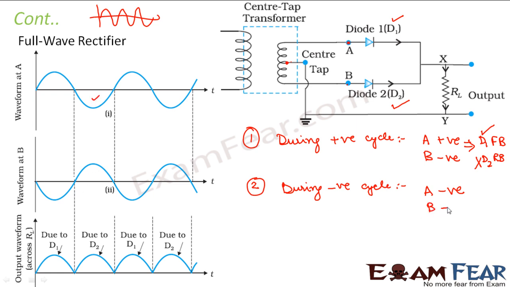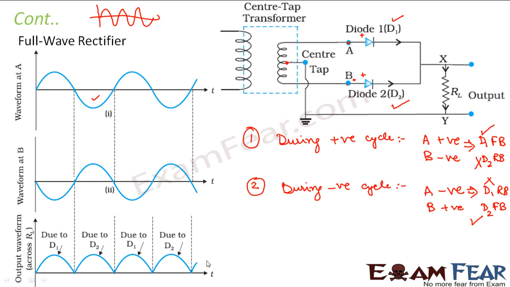B is at positive, so the waveform at B is positive. So when A is negative, this positive is connected to the negative, which means D1 becomes reverse biased. Since this is positive and this is also positive, D2 becomes forward biased. So D2 will conduct and D1 will not conduct. Therefore, again we get one waveform, but this is due to D2.